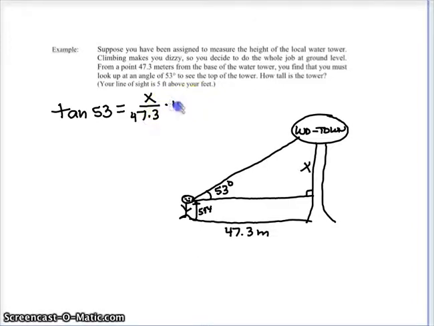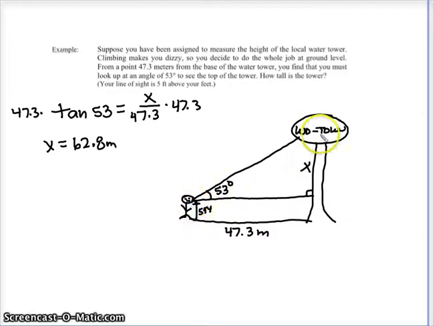To solve for x, I'll multiply both sides by 47.3. And x turns out to be 62.8 meters.